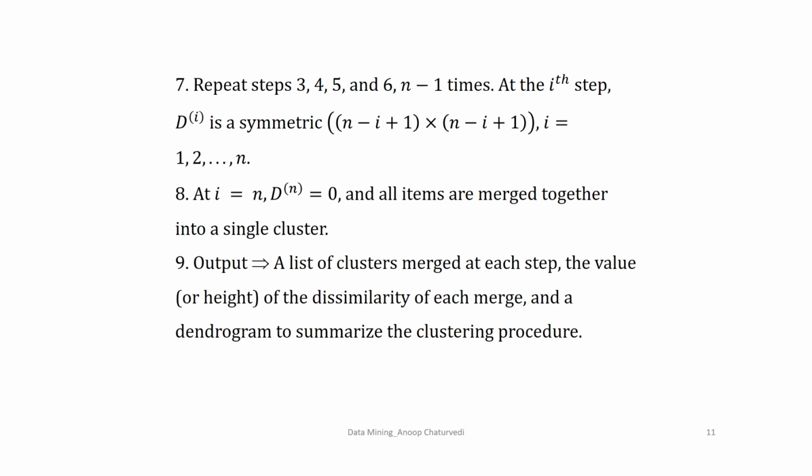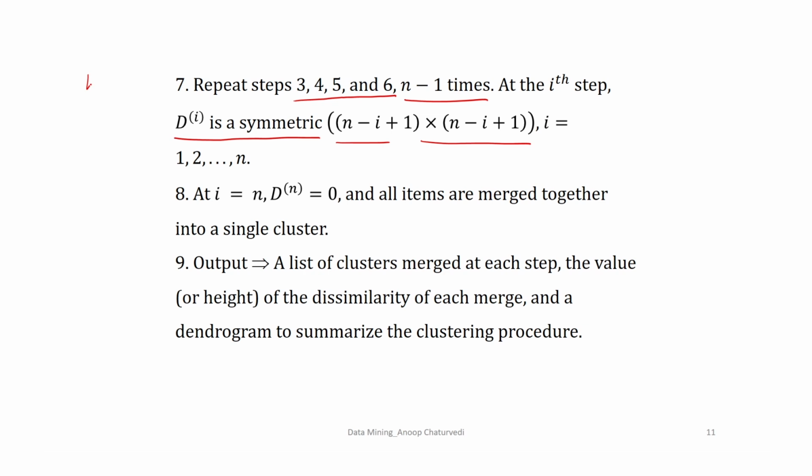We again repeat steps 3, 4, 5 and 6 n minus 1 times, and at the ith step Di is a symmetric n minus I plus 1 cross n minus I plus 1 distance matrix, and I varies from 1 to n.